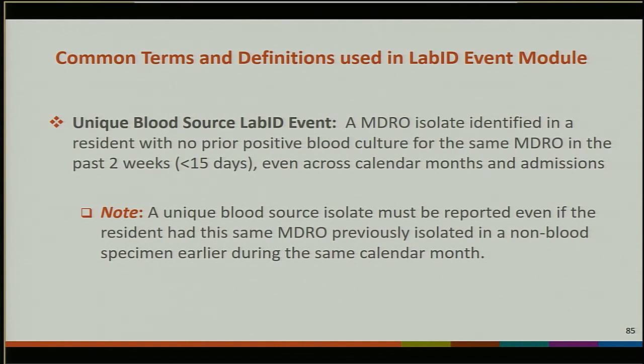There is an exception with MDROs, and that's when you have positive blood specimens. So if it is a non-blood MDRO, then you're only reporting one positive for that resident for that month. But if it's a blood specimen, you use the same rule, the 14-day rule, as used with CDI. And I've got an algorithm that's going to make that easier for you.